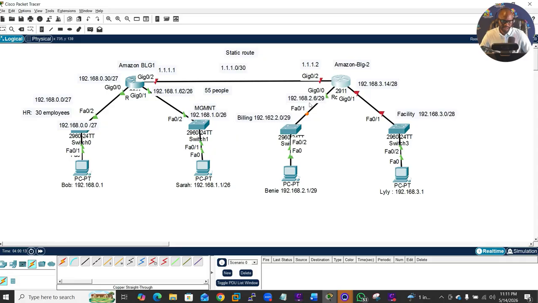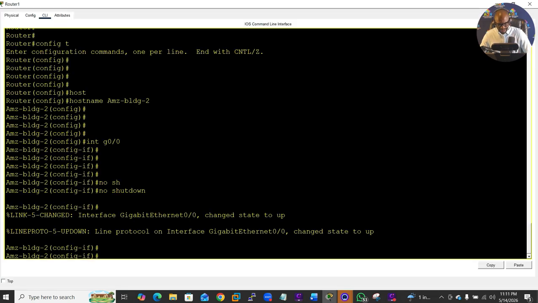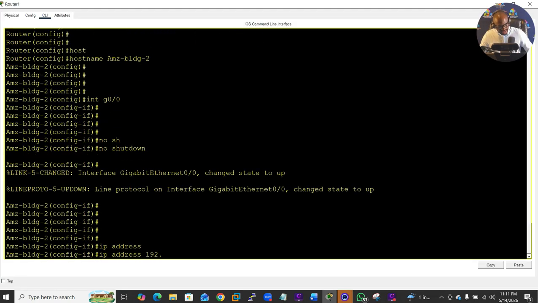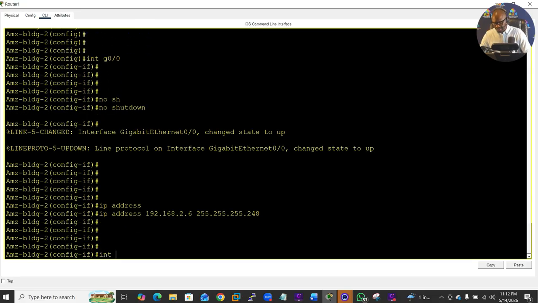So we have picked the last usable IP and assigned it to G0/0: 192.168.2.6/29, a 248 subnet mask. So we're going to say ip address 192.168.2.6 255.255.255.248.